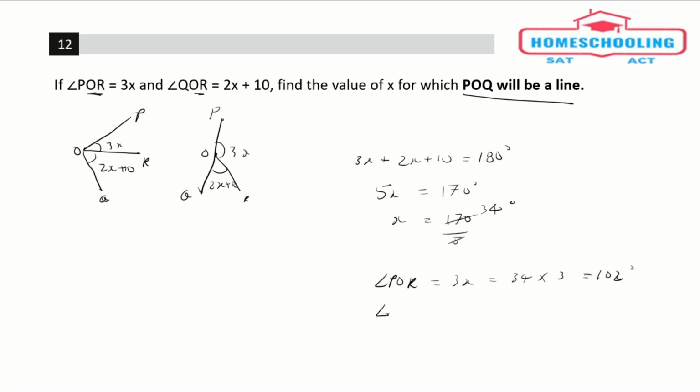And angle QOR is equal to 2x plus 10, that is 2 times 34, which is 68, plus 10, so that would be 78. But in the question we have to just find the value of x, so your answer would be 34 degrees. Now moving to the next question.